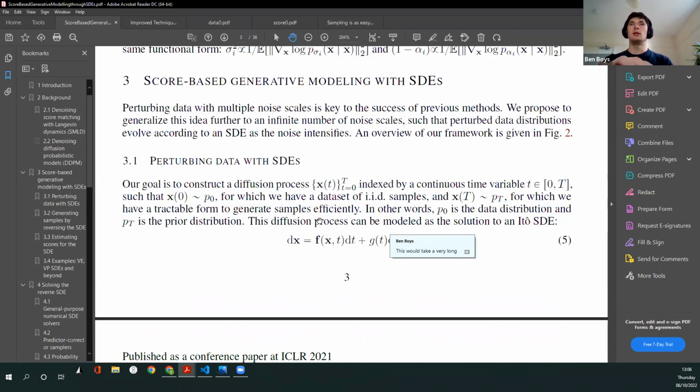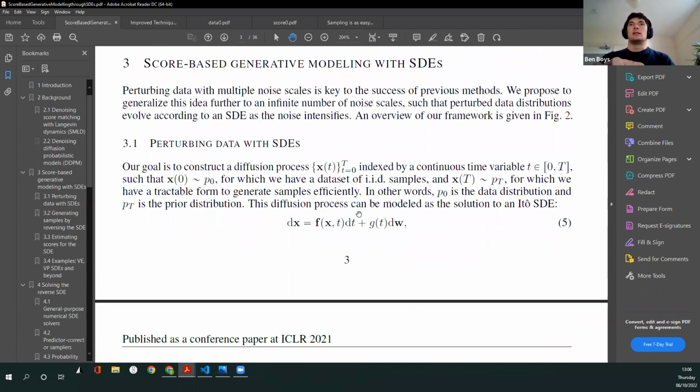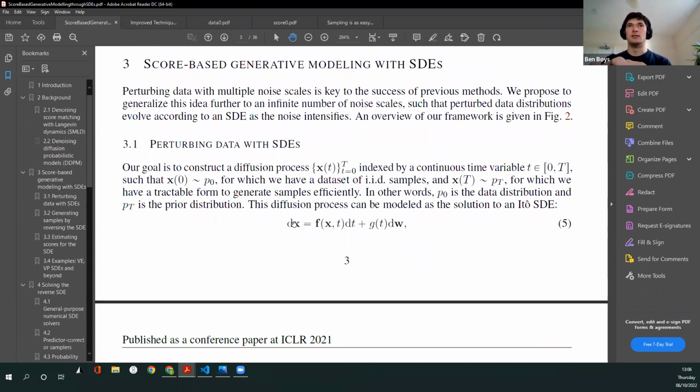So instead of adding discrete steps of noise, you've now got the difference in the state, the sample, is the drift applied to that sample plus some noise.